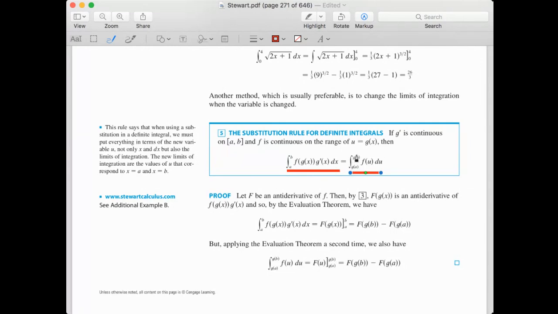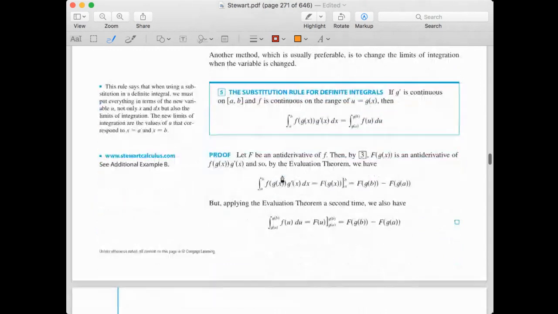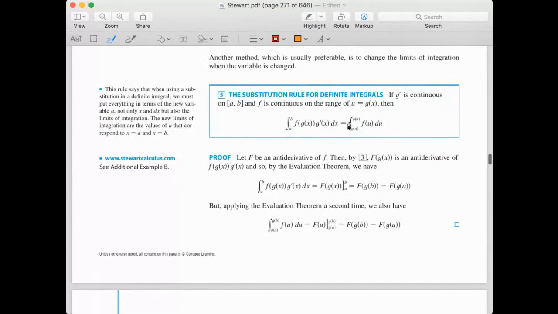And the upper limit is g of b, but we don't have to do that, okay? Why? Because we can always substitute back into x. We don't want to evaluate when it's u. We want to evaluate it when it's x. But if you don't want to substitute u back into x, you could change your lower limit, you could change your upper limit. Just another way of doing it.